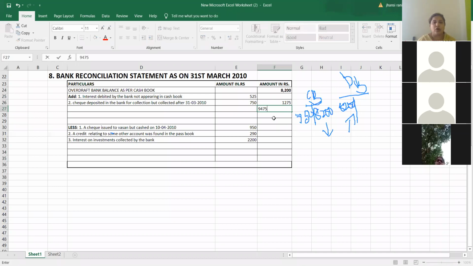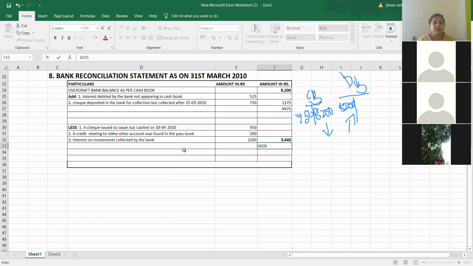Yes, if I'm not wrong. Next, 950 plus 290 plus 2,200 comes to how much? 3,440. Okay. And deduct: 9,475 minus 3,475 becomes how much? What is the difference of the amount? 6,035. Okay.